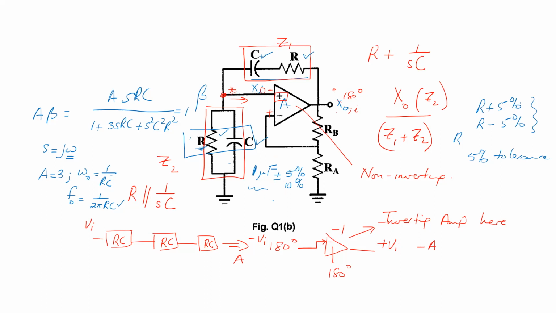So if your approach was to say, okay, let me pick R as 100K and calculate the capacitor, that is fine. If you pick C as 1, and you get R as some value, that's fine. But let's say you pick C as a very big capacitor, like 1,000 microfarad, you're going to get a very, very small resistor.